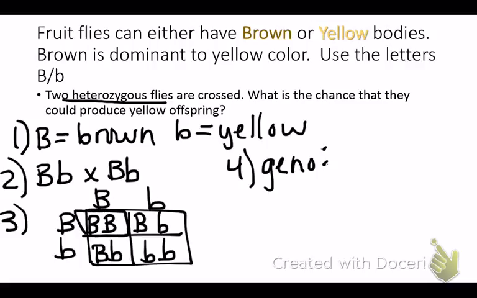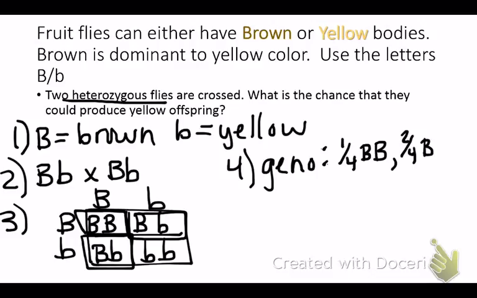We see capital B, but we only see one of those. So we need to label 1 out of 4, capital B, or you could say 25%. We see 2, capital B, lowercase b's. So you could say 2 out of 4, you could say 1/2, or you could say 50%. And then we have 1, little b. So you could say 1 out of 4 or 25% little b's.